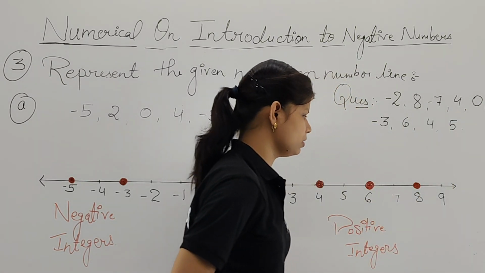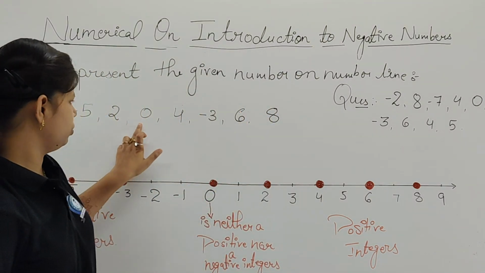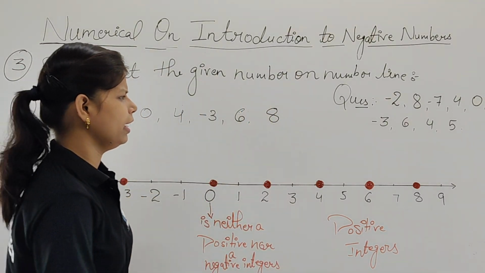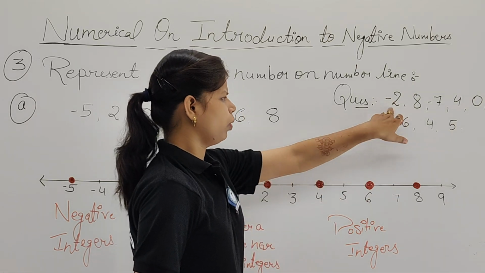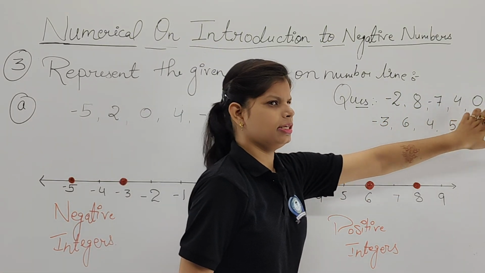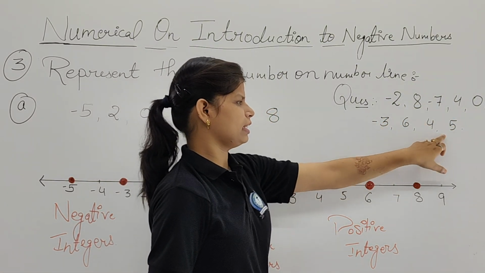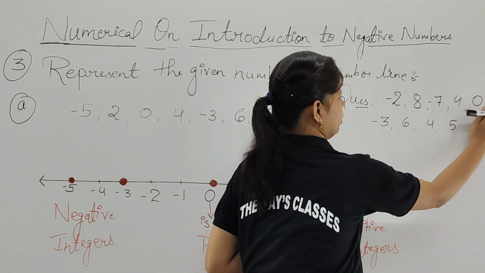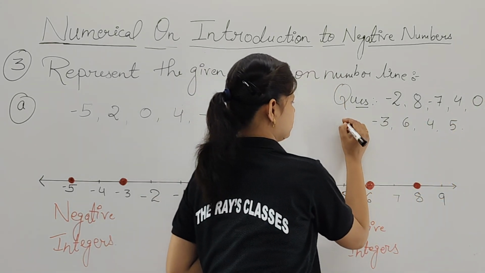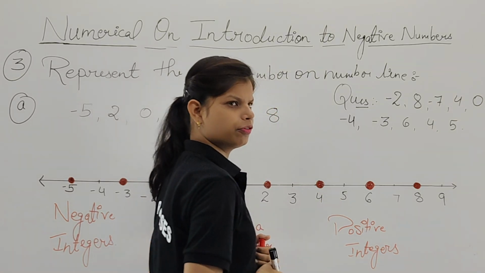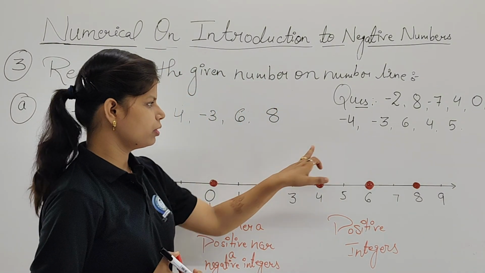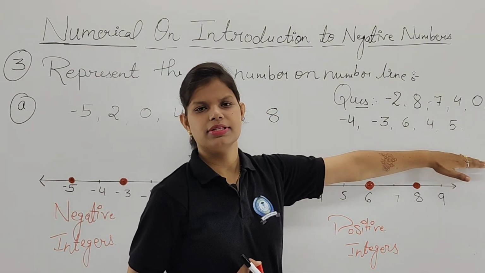Now here I have increased a few digits, like here we are having 1, 2, 3, 4, 5, 6, 7, and here we are having 1, 2, 3, 4, 5, 6, 7, 8, 9, 10, and last is your minus 4. Clear, no? So this same number you have to represent on the number line.